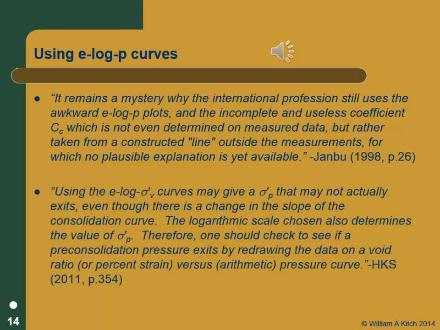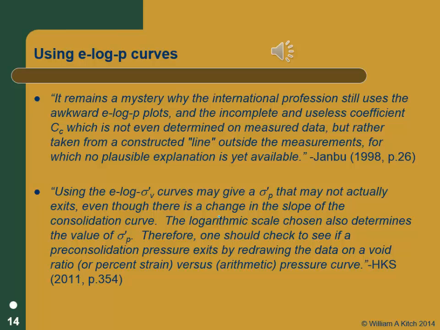And here's what Holtz and Kovacs had to say about it from your text. So this relates back to two blocks ago when we were talking about stress strain curves.